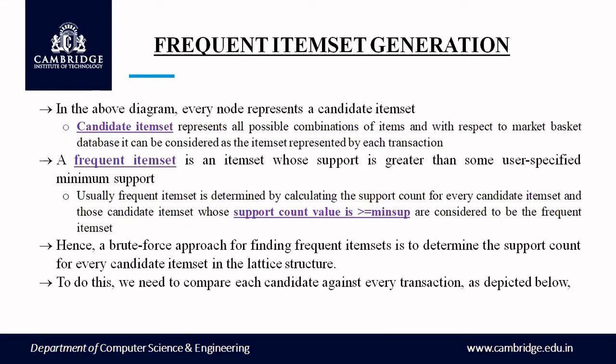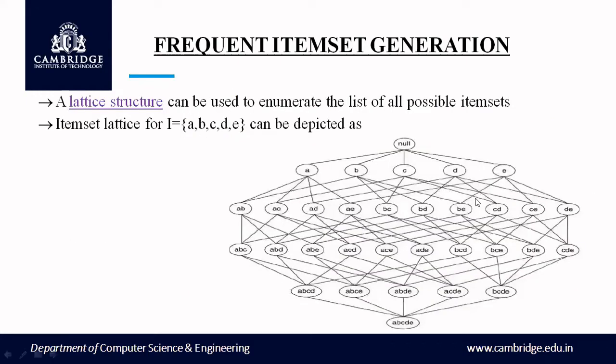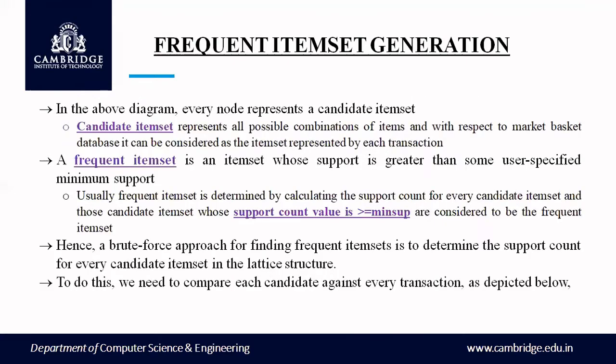From this collection, we need to pick out the frequent item sets. Frequent item sets are those candidate item sets whose support value is greater than or equal to the minimum support value. The lattice structure tries to overcome the drawback of the brute force approach.